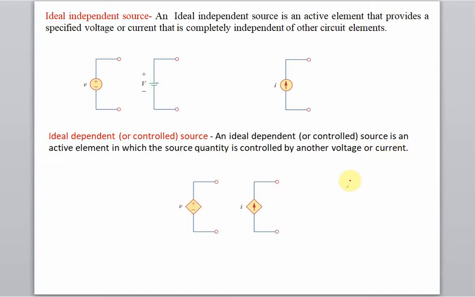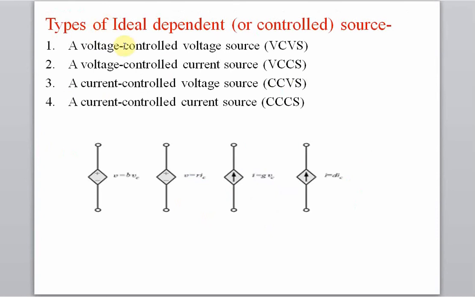This is a symbol by which we can show the dependent source. It may be dependent on voltage or current. In the next slide, types of ideal dependent or controlled source.